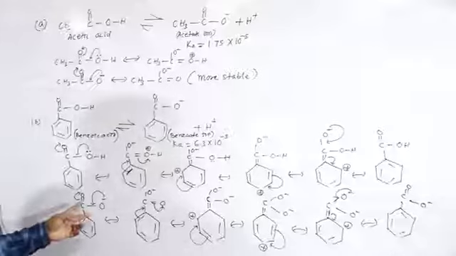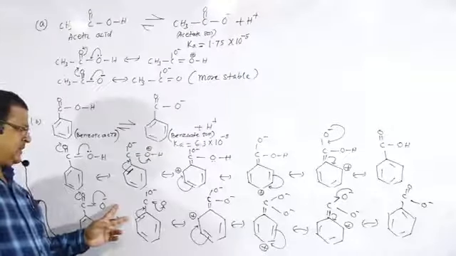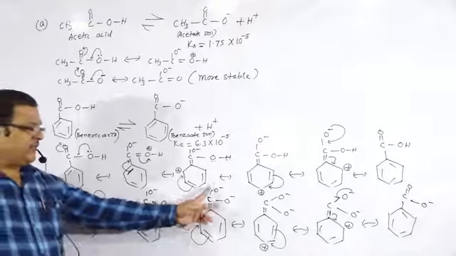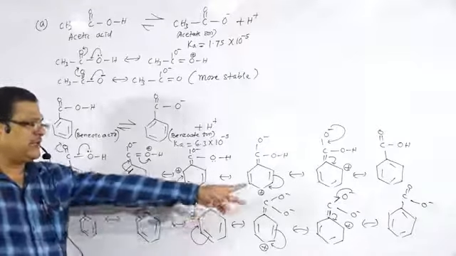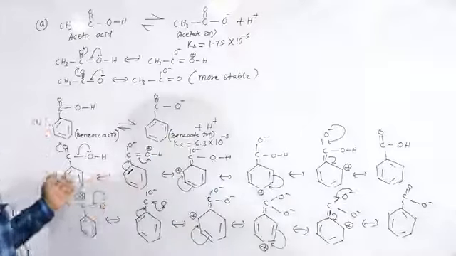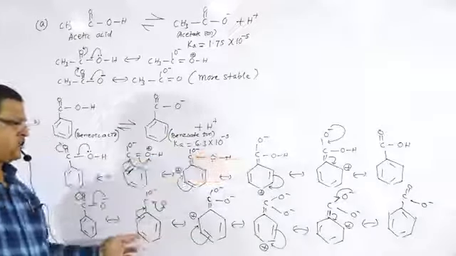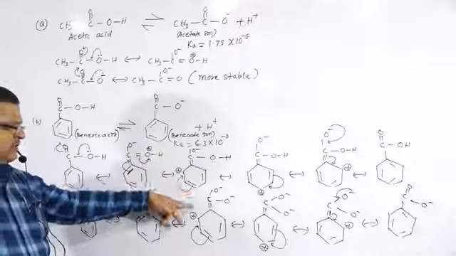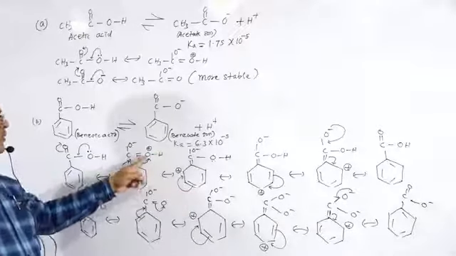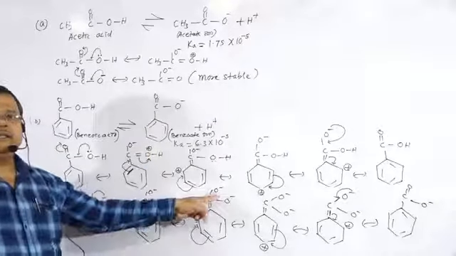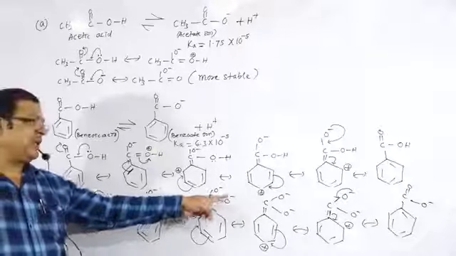So in case of benzoate ion, the more electronegative element, oxygen, contains negative charge, and there is the formation of 6 resonating structures in that case. In the benzoic acid case there is also charge separation, but there the more electronegative element contains positive charge, whereas in all these cases the more electronegative element contains negative charge.